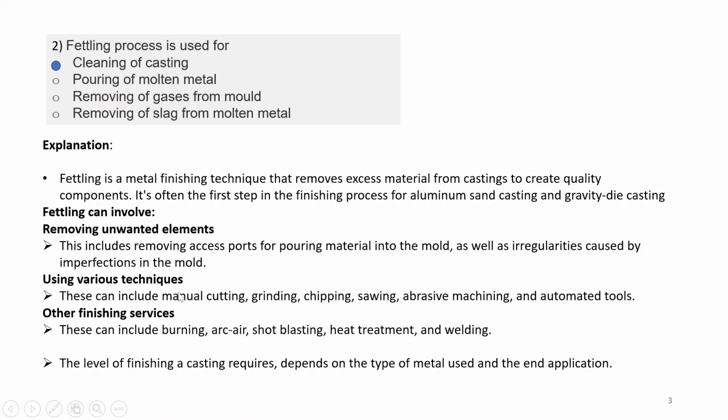This can include manual cutting, grinding, chipping, sawing, abrasive machining, and automated tools as well. Other finishing services can include burning, arc cutting, shot blasting, heat treatment, and welding. The level of finishing a casting requires depends on the type of metal used and the end application.